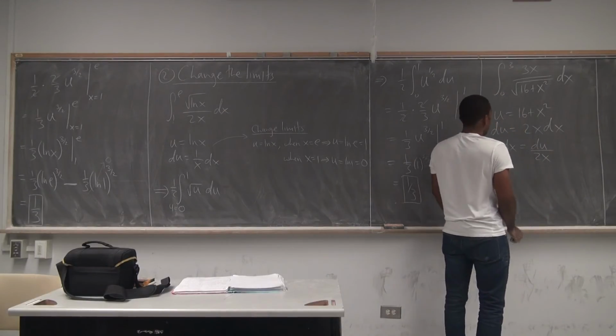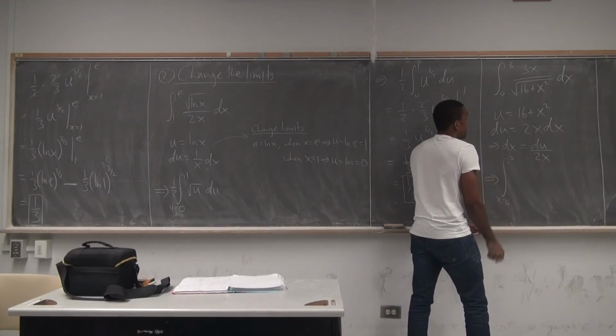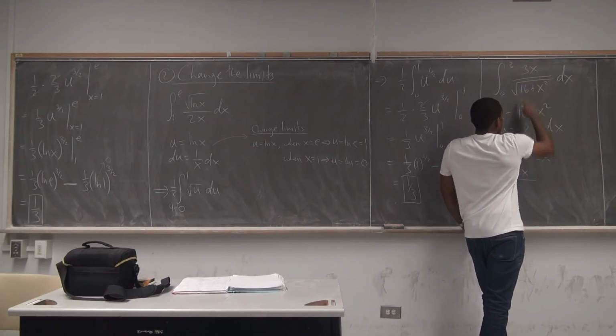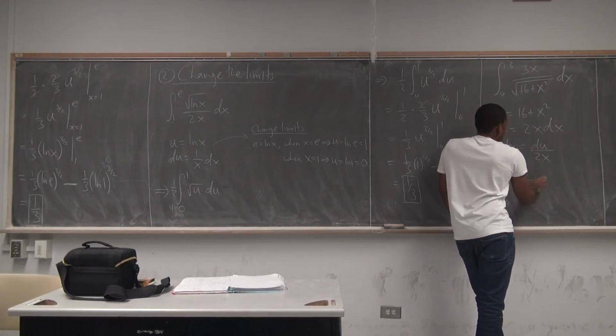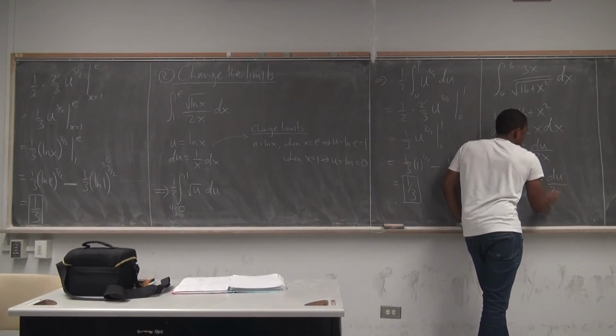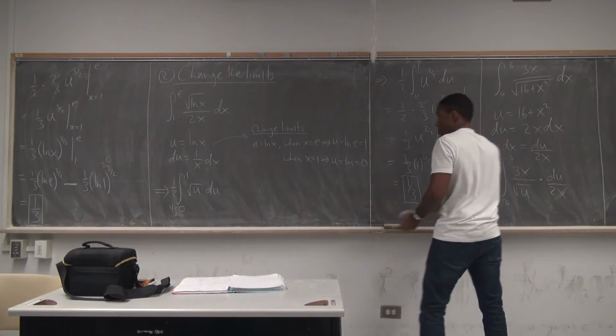And start to plug stuff in. So here, just remember that this is x equals 0 to 3. And the 3x stays. This guy is radical u. And my dx is du over 2x.